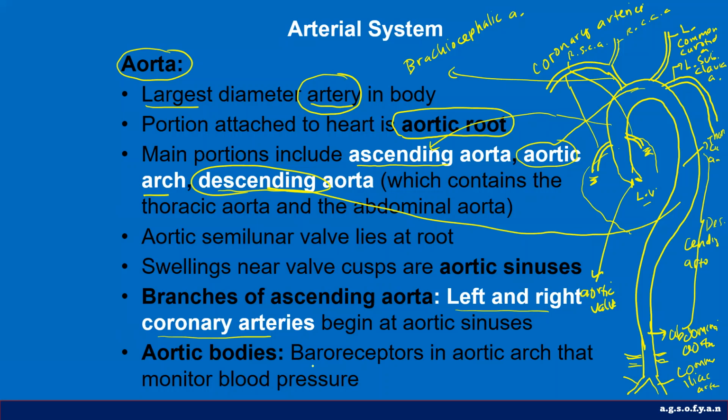So these are the branches of the aorta. And in the arch of the aorta, there is also baroreceptor. Baro means pressure. So there is a kind of cells in the arch of the aorta that sense the blood pressure.